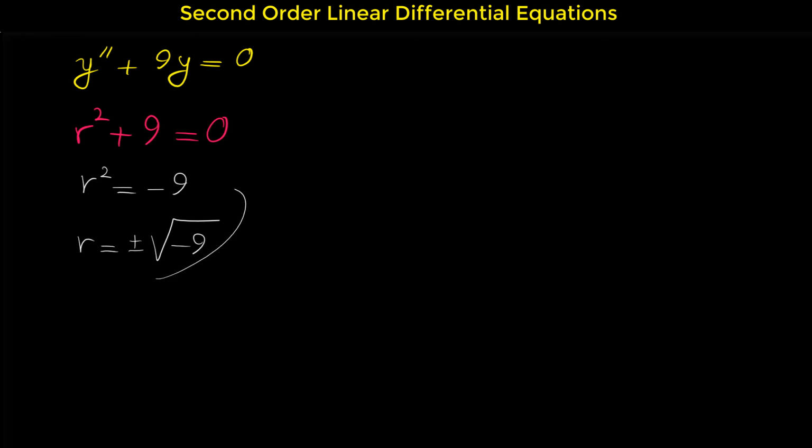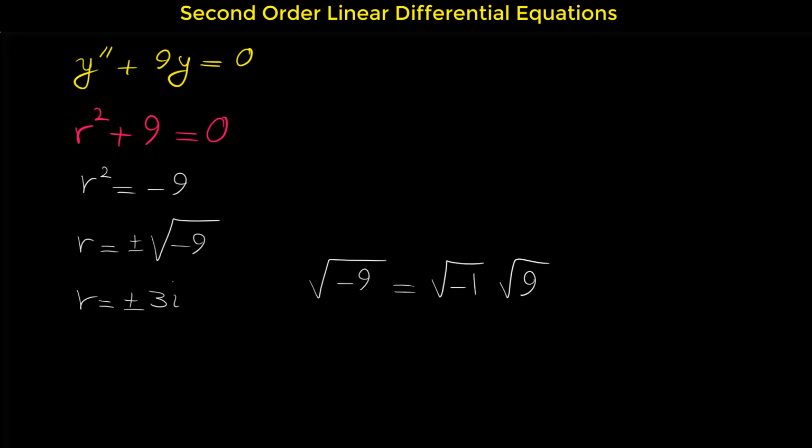Note that because we have a square root of a negative number, it shows that we have complex roots. So r equals plus minus 3i, because the square root of negative 9 is the square root of negative 1 times the square root of 9. The square root of 9 is 3, so we have 3 times i. We always show the square root of negative 1 by i. So r equals plus minus 3i.